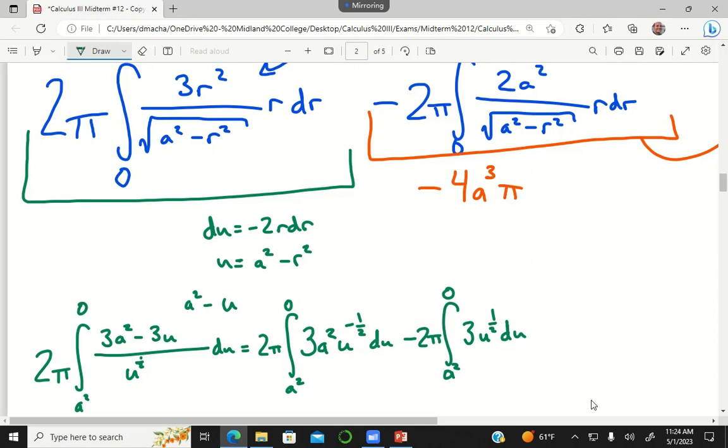Plus, du is negative 2r dr. Oh yeah, okay. So we get rid of the r dr, and then we have a negative 2 that we're eliminating, right? So we have to get rid of the 2 and then we make it negative. So then we flip the sign and get rid of the 2s here. Now it's correct. Okay.